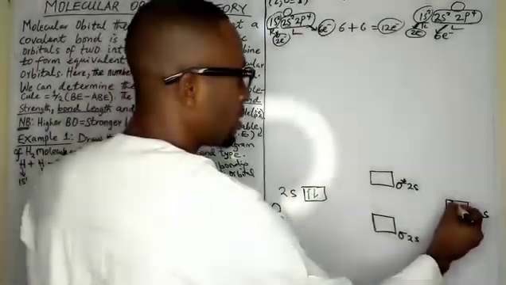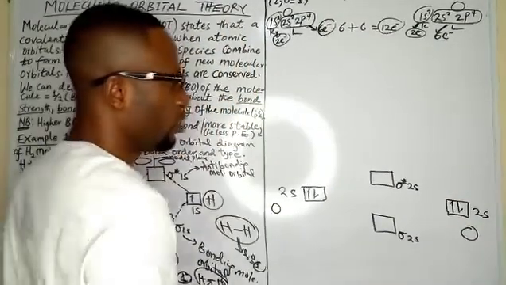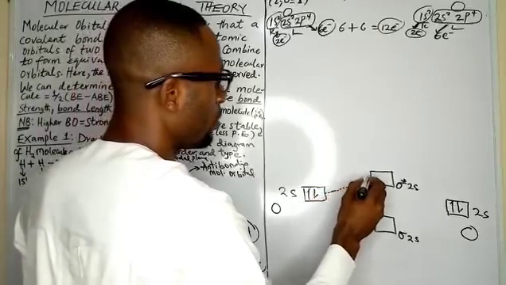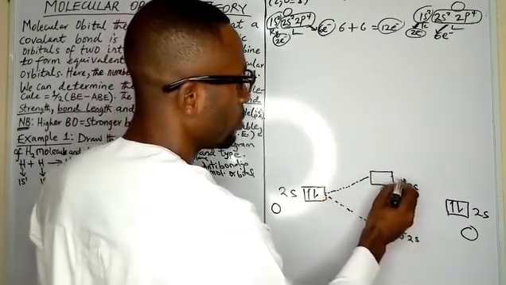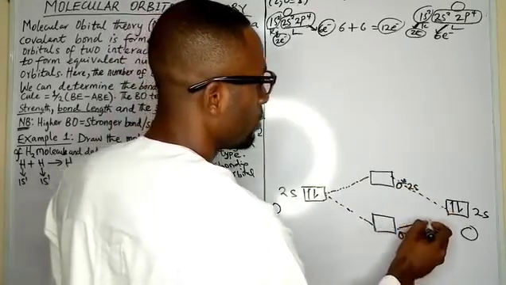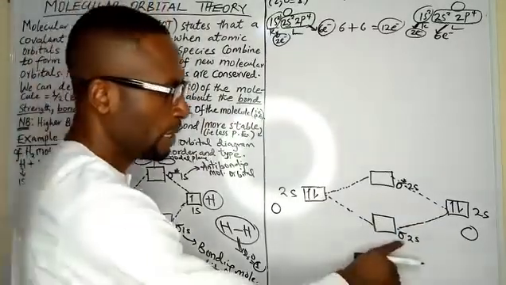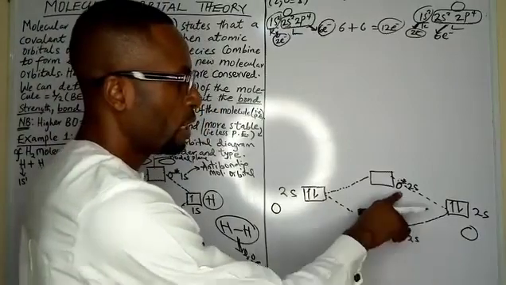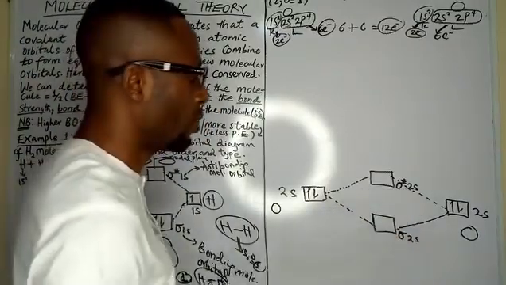You use the dotted lines to join these. Beautiful. So this is sigma 2s orbital, the bonding orbital, and this is sigma star 2s orbital, the anti-bonding orbital.